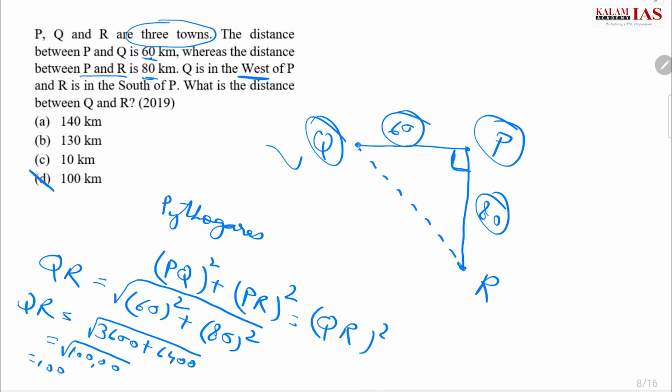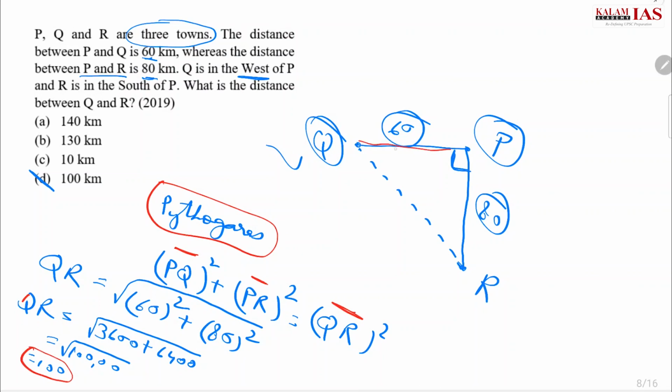That is option D. Again, simple problem. You have to just plot what is given and then you can arrive at the answer. Putting the value of PQ here, PR here and QR, simply Pythagoras theorem is applied and we can arrive at the answer, which is equal to 100 kilometers.